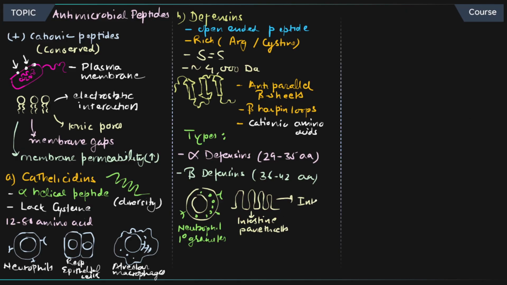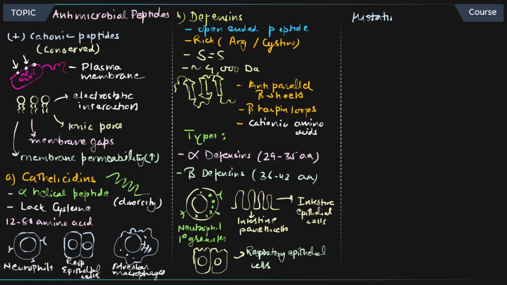Also intestinal epithelial cells are able to produce these peptides. These are the sources from where we get these peptides. Respiratory epithelial cells are also able to produce them. So in the respiratory system, the intestine, and in our immune system like neutrophils, we need this protection. They are really important.